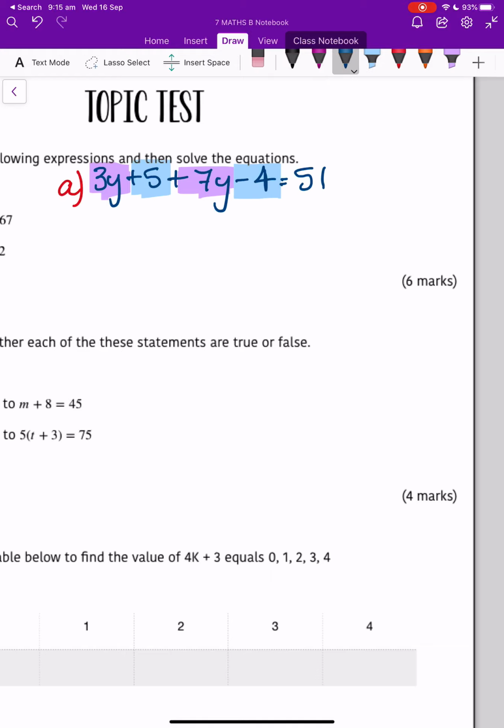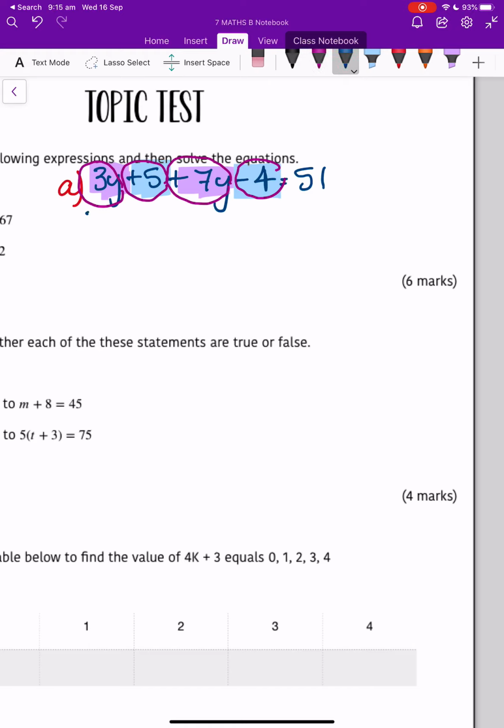In my next line of working out, I'm going to bring my like terms together. So I take what is in front. This minus sign is in front of the 4, an addition sign in front of the 7y, an addition sign in front of the 5, and there would be an addition sign in front of the 3y if I need it, because it's a positive number.